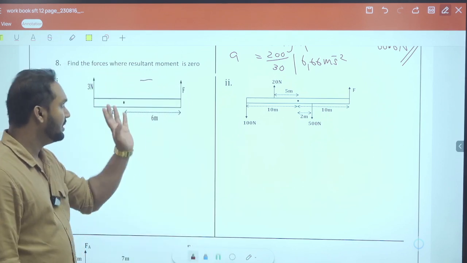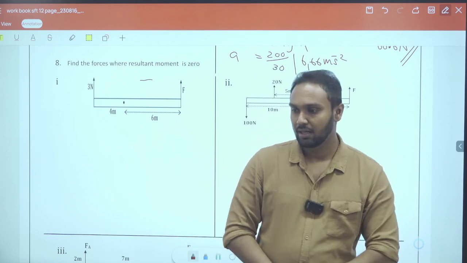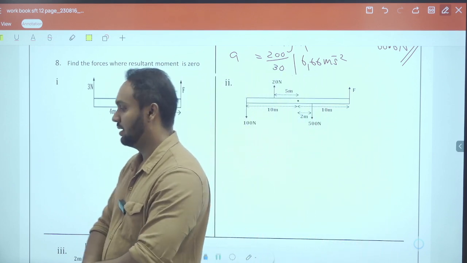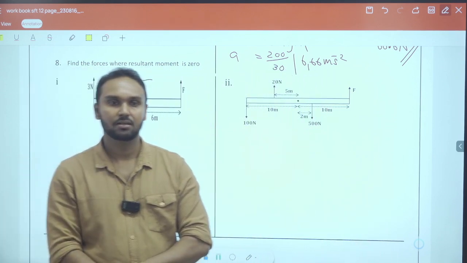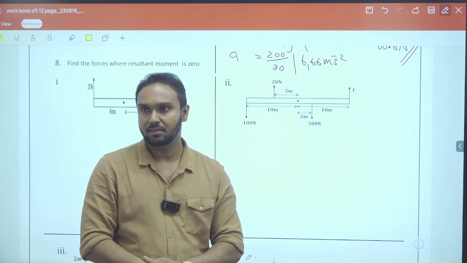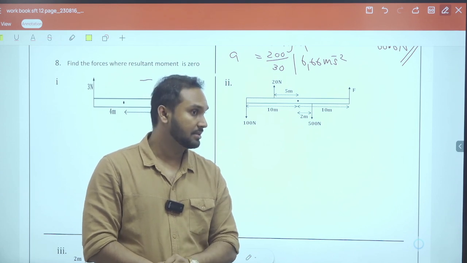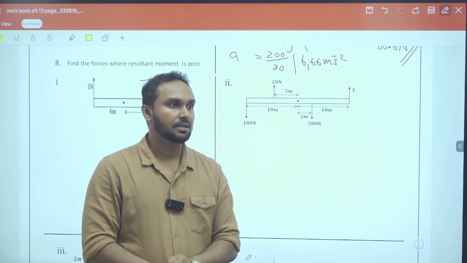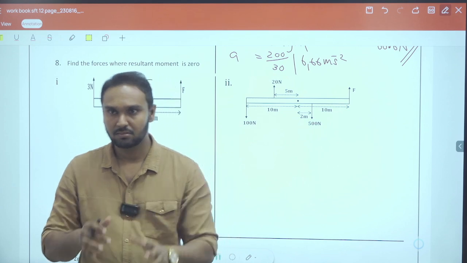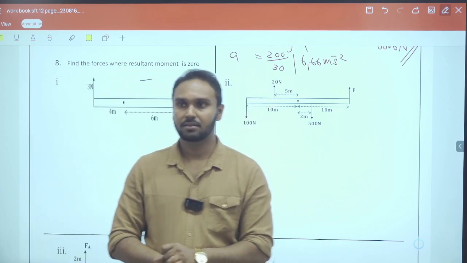Right. Now this thing. Equilibrium of forces, right? So if an object is to be under equilibrium, there are two things that you have to consider. Listen carefully, this part is very important, and these questions coming next are a bit tricky, so you have to really focus and really understand how the thing works.